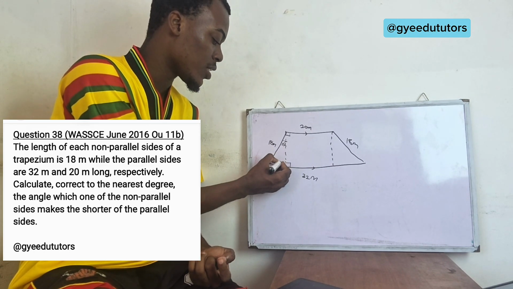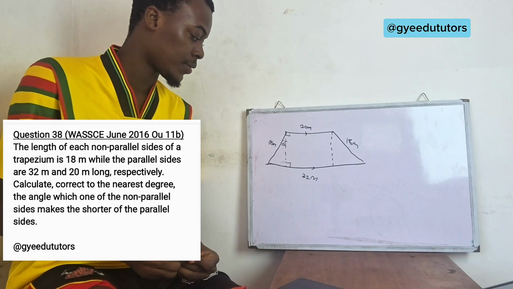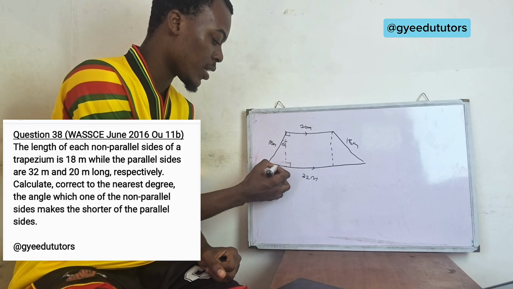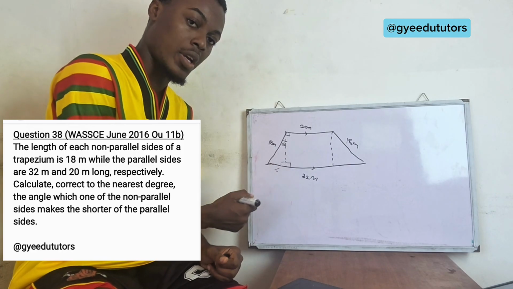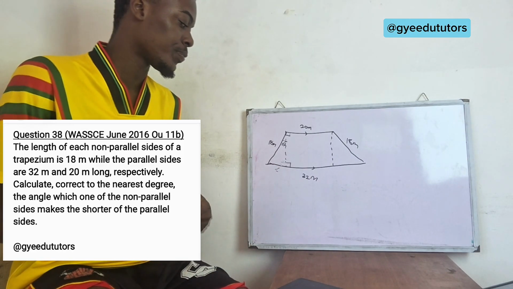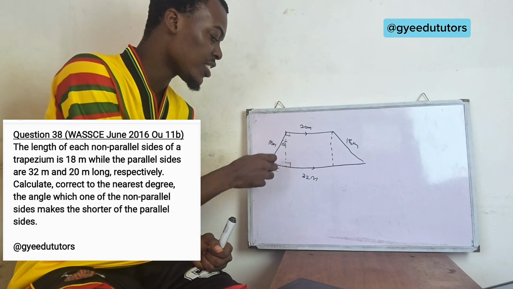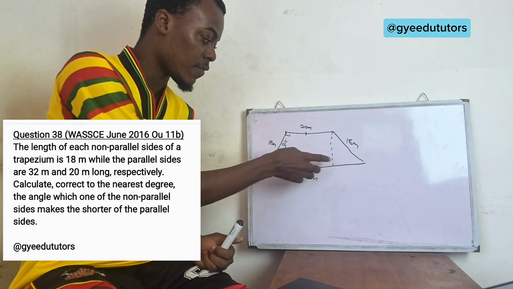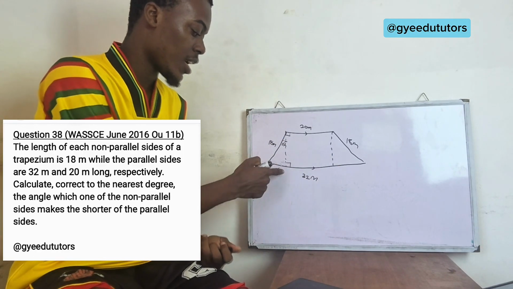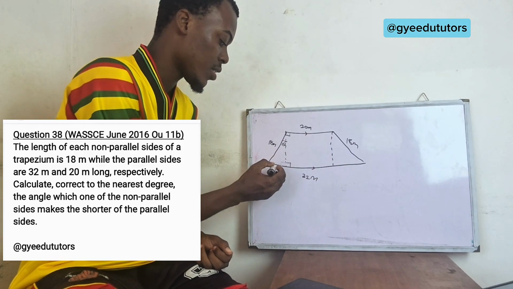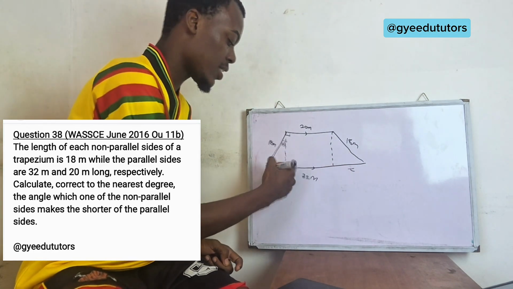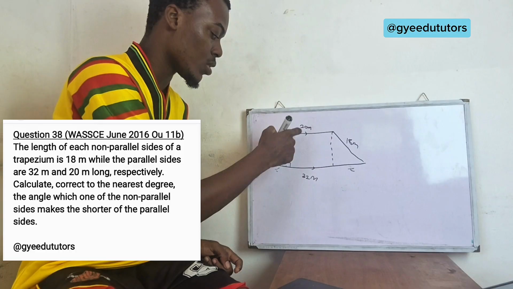We know our hypotenuse, the larger side, but we don't know this side, so let's make it x. The x here and the x here are the same.